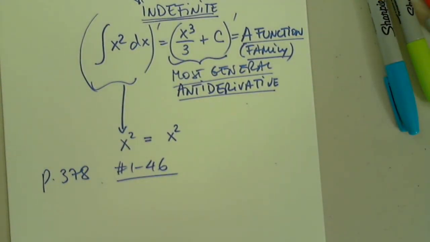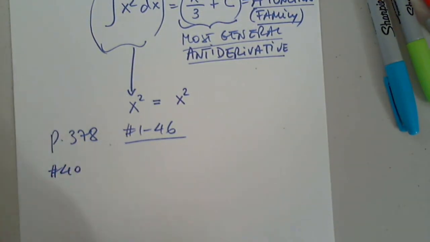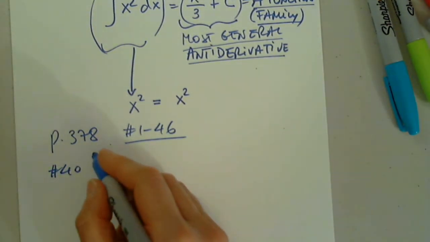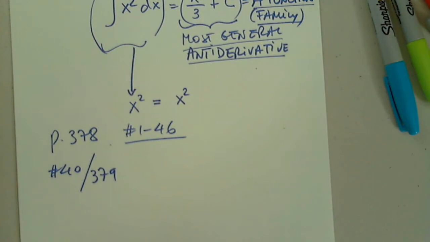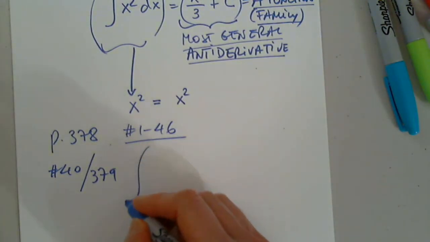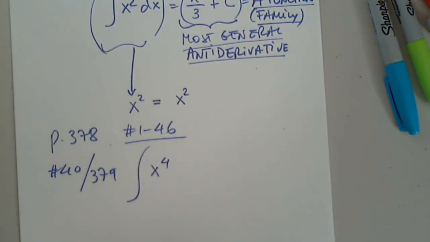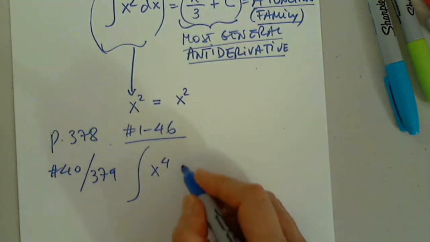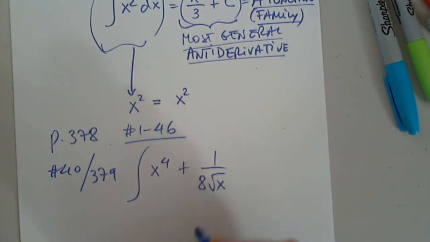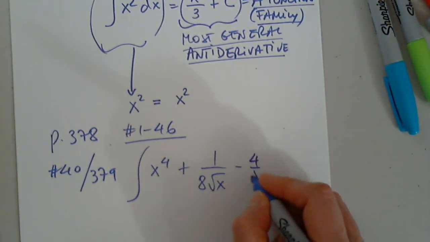Until you open that page, I'm just going to choose one. Let's say 40, and then I'll wait for you to choose. Page 379, and 40 reads the indefinite integral of x to the 4th plus 1 over 8 the square root of x minus 4/5.